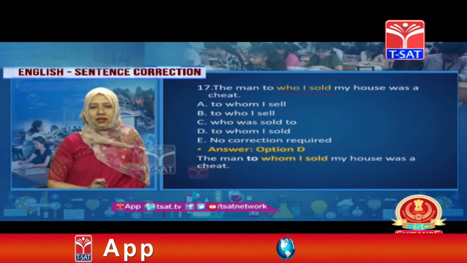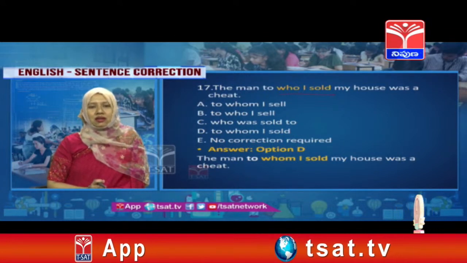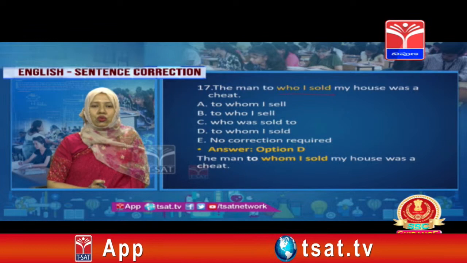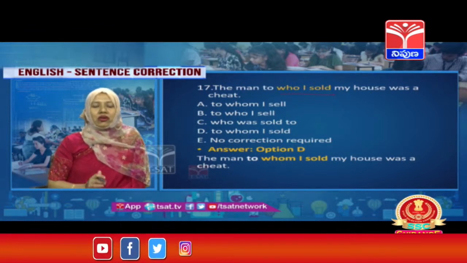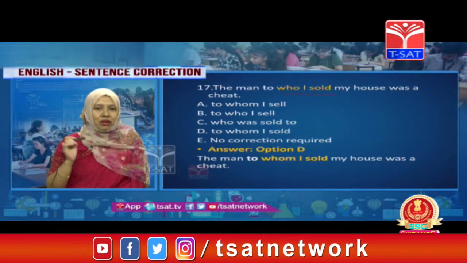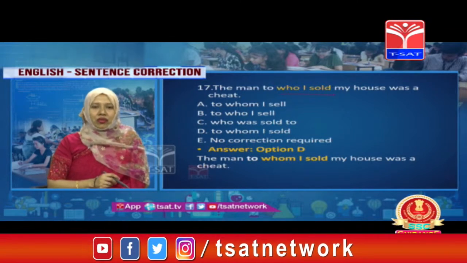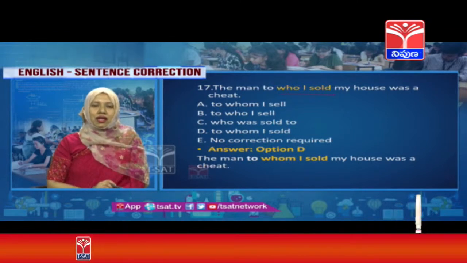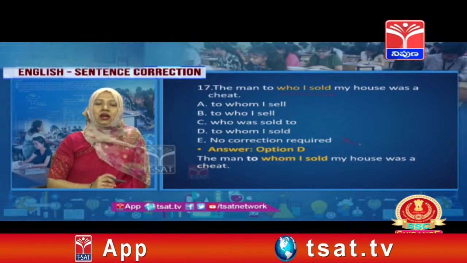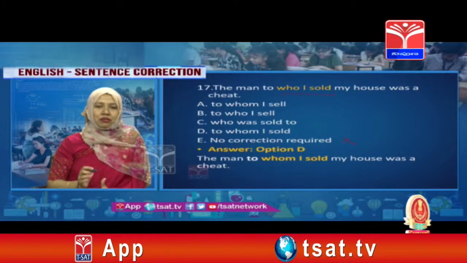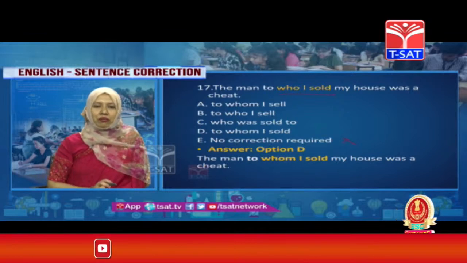A, to whom I sell, to who I sell, who was sold, to whom I sold, no correction required. Now if you read the sentence, somewhere in the mind it is saying that there is a mistake. The sentence is not grammatically correct. So option E is eliminated, there is a mistake, so no correction required cannot happen.